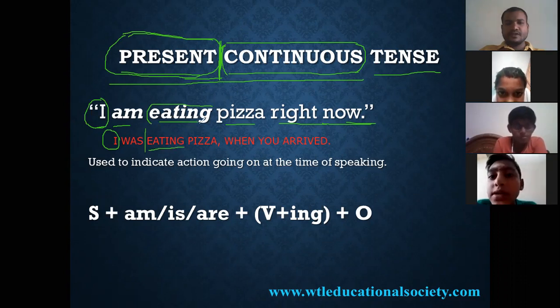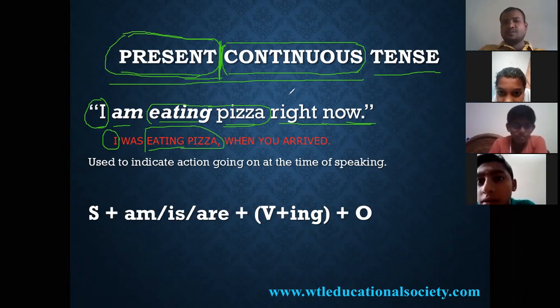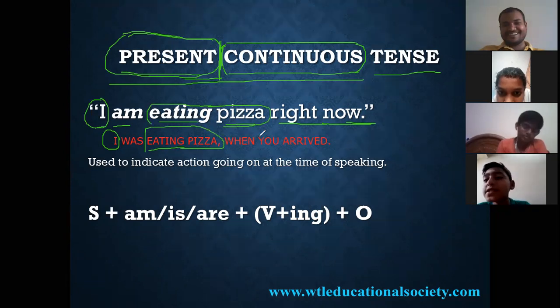The object is pizza. Here also the object is pizza. So only two modifications we can observe here. That red one is past. The white one is present.